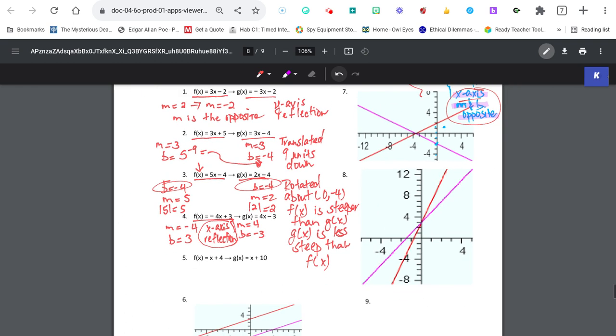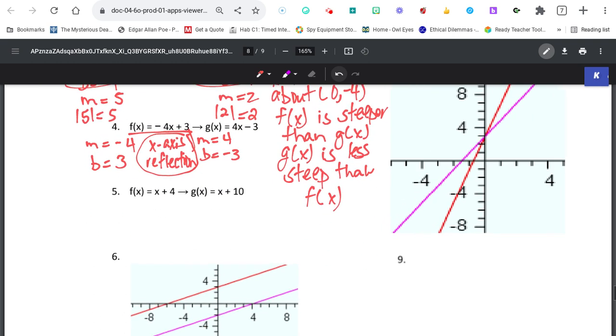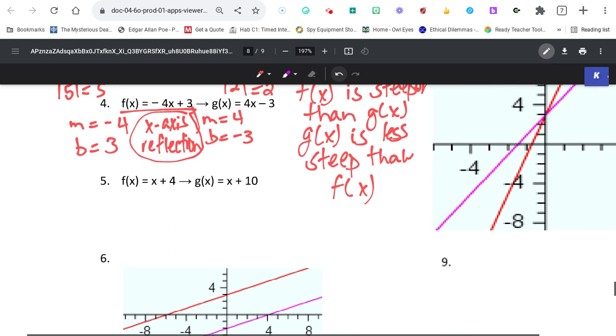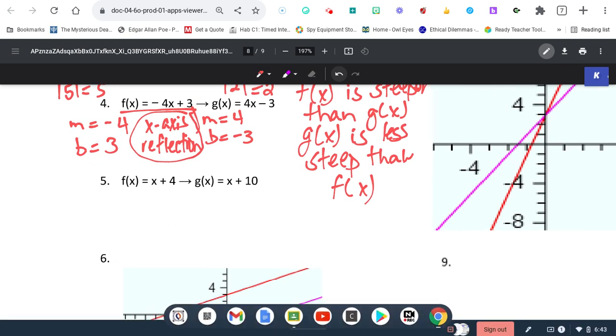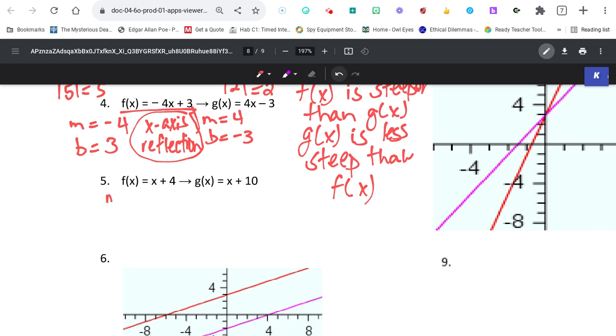All right, let's take a look at number 5. And you can pause the video and try it if you want to. Here in f of x, the slope is 1 and b is 4. Here the slope is 1 and b is 10. So we know when the slopes are the same, these lines are going to be parallel, which is a giveaway that only the y-intercept is changing.